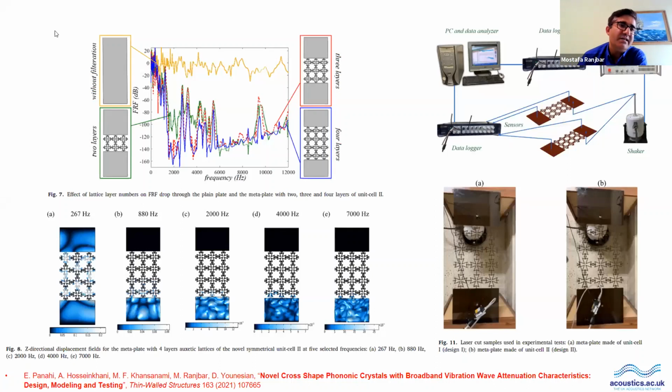Here you can see the frequency response function of the structure without filtration. If we use 2 layers, how is the reduction in the frequency response function? And for 3 layers and 4 layers, we could have some stop bands in the transmitted vibration frequencies.